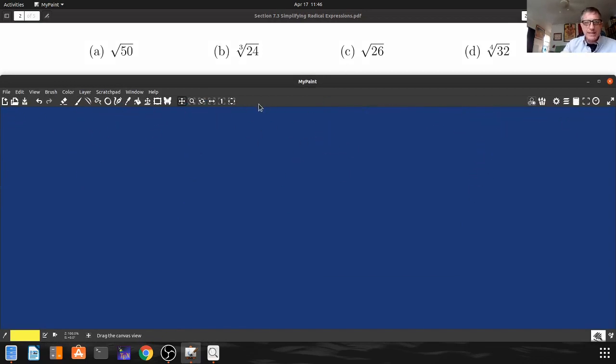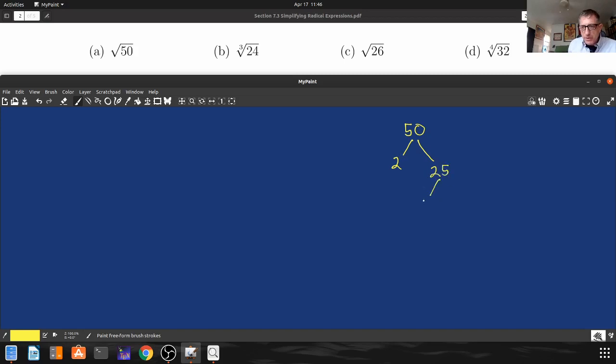So now we're just asked to simplify this. Okay. So what we want to do in the following is this. If we have a number, for example, let's look at 50. And let's do its factor tree. Well, 50 clearly is divisible by 2. And 50 divided by 2 is 25.